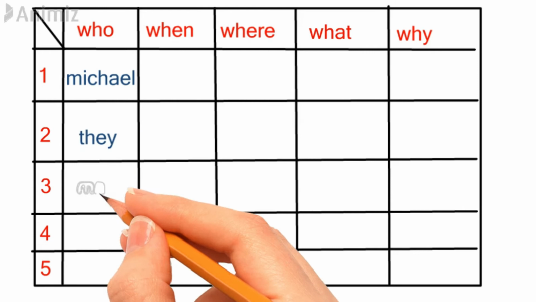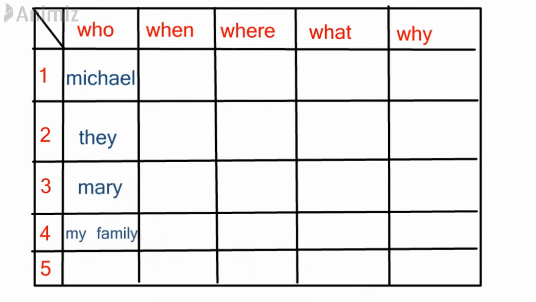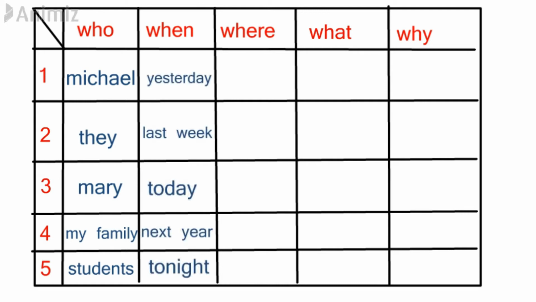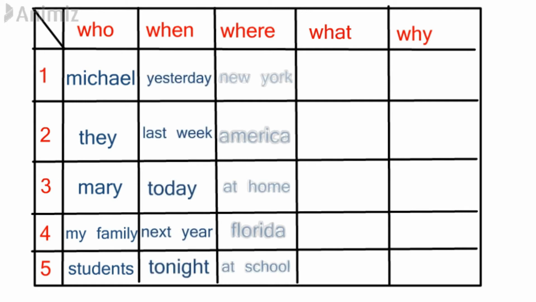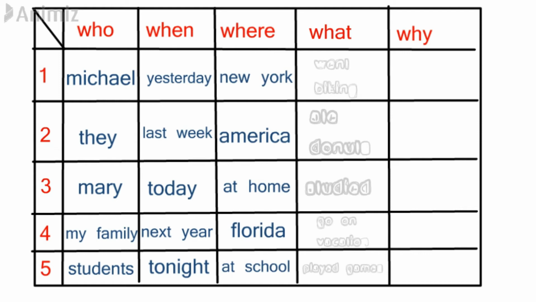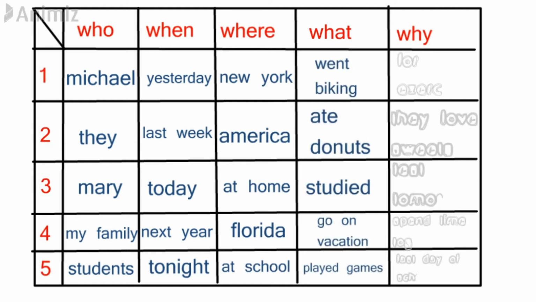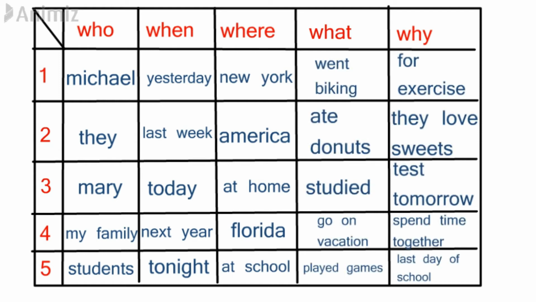And you will write down multiple people. You can write a person's name, a group of people, or even your own name. Just try to write as many as possible, then move on to the next columns and do the exact same thing. When you are finished you will have a table filled with the building blocks necessary to make your long sentences, which leads us to the last and final step.